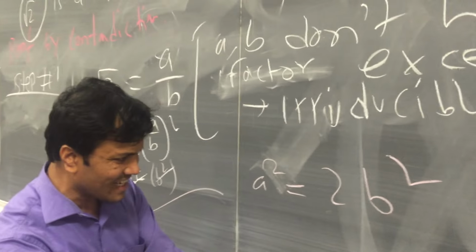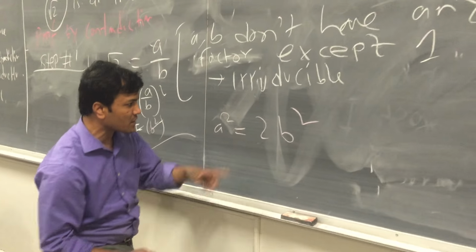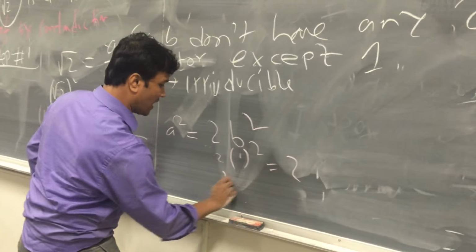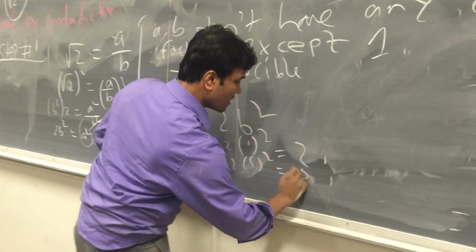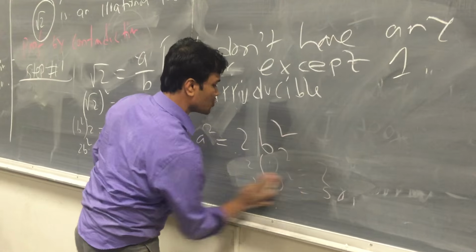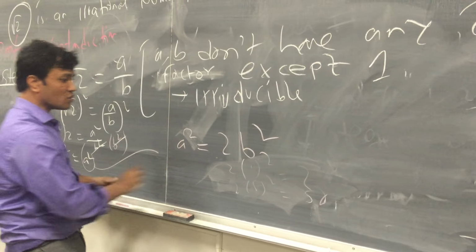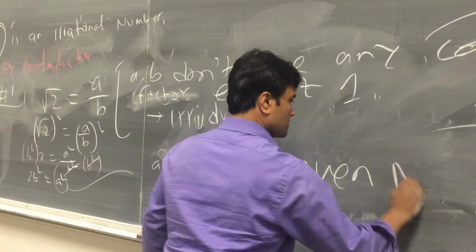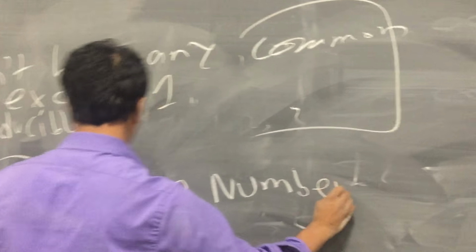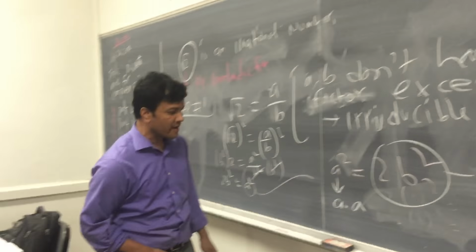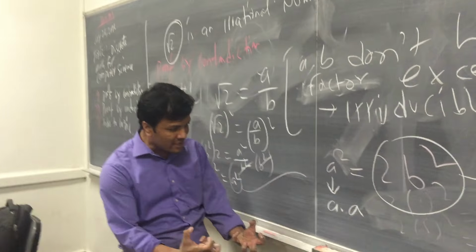So 2 times anything is an even number, because any number you plug in, it becomes an even number. So we can say that a squared, equal to 2b squared, is an even number. Now, what is the product of a? A times a. So the product is also an even number.